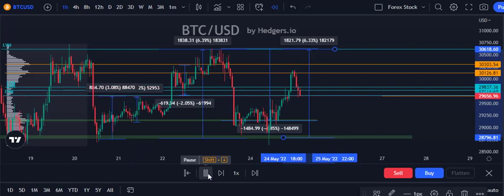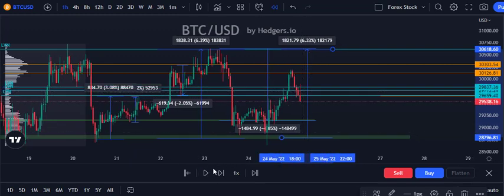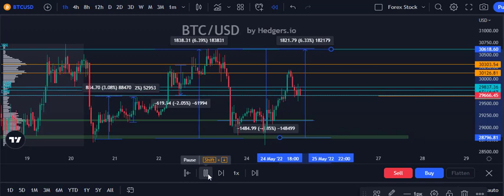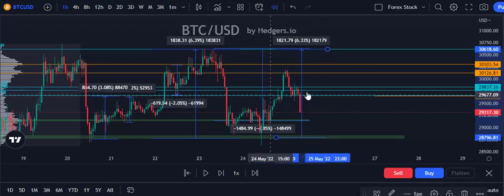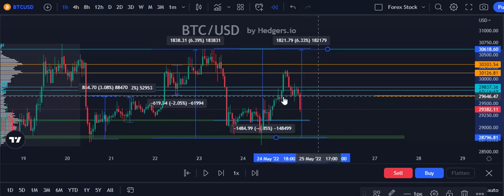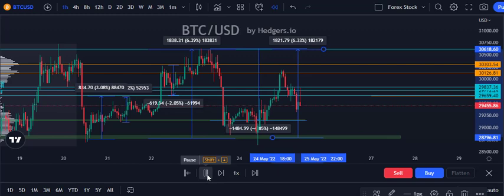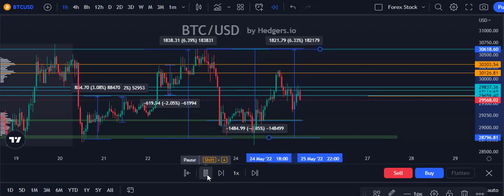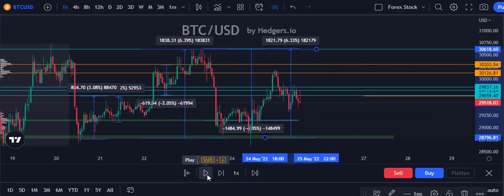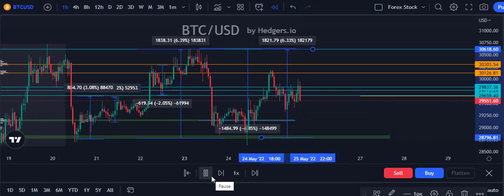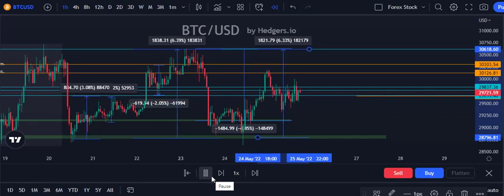Need to reclaim this area as well. That is your invalidation. If it does not respect, yeah, that's your invalidation level as well. And this has been invalidated because this is rejecting, so this is invalidated now, and you close your trade in a small profit.